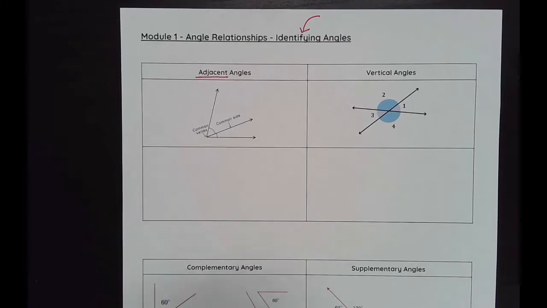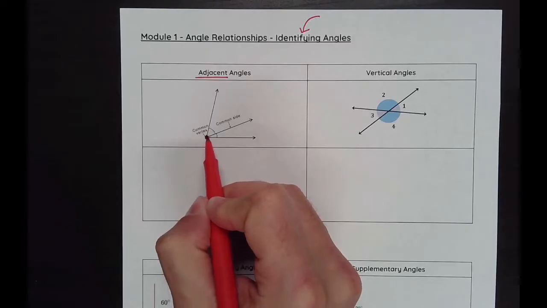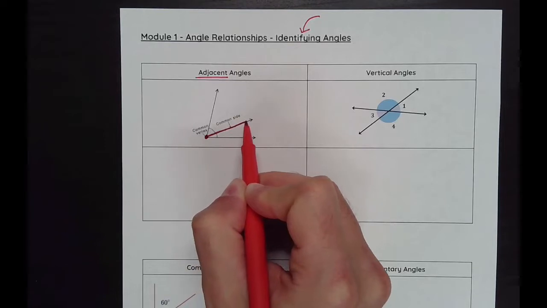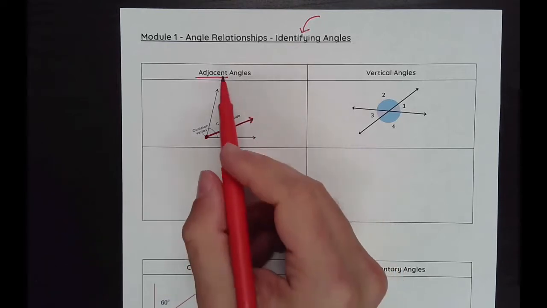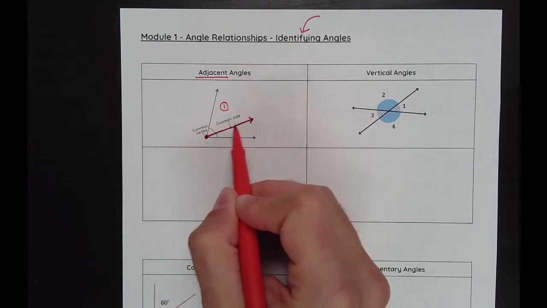To be considered adjacent from a geometry standpoint, they need to share a common vertex and they need to share a common side. So if I'm looking at these two angles, I have an angle, we'll call it angle 1, and then I have this angle here, angle 2.